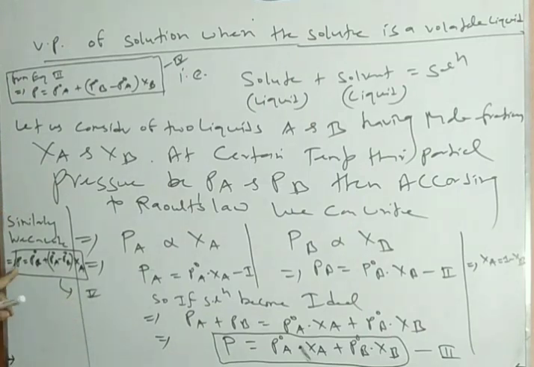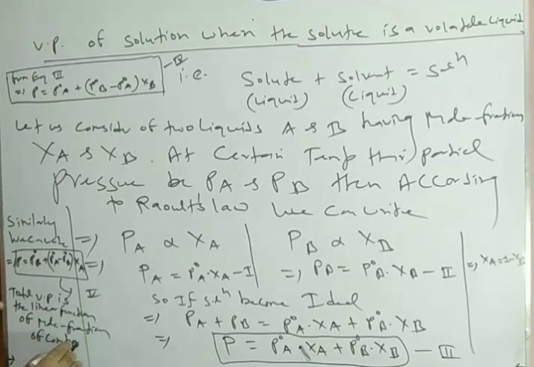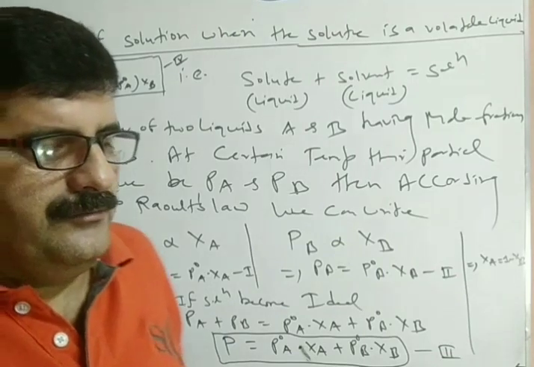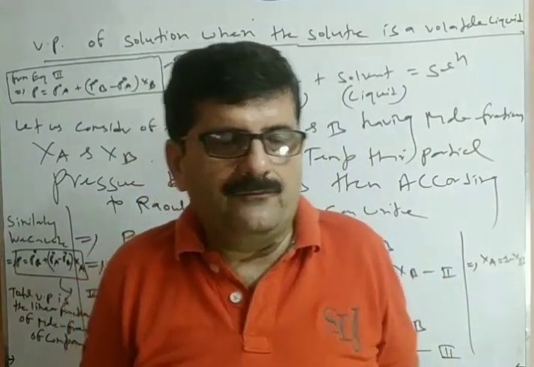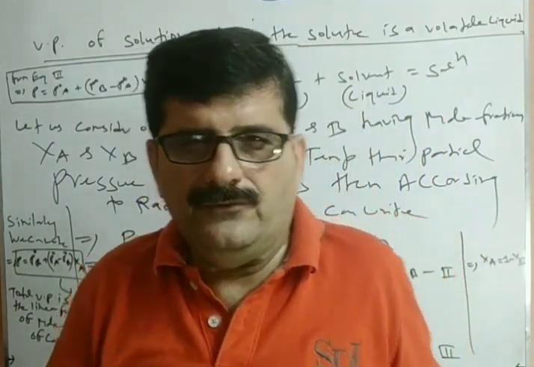Here we can say the total vapor pressure is a linear function of mole fraction of component A. So a straight line is obtained because it satisfies the general formula of mathematics, y is equal to mx plus c, where m is called what?